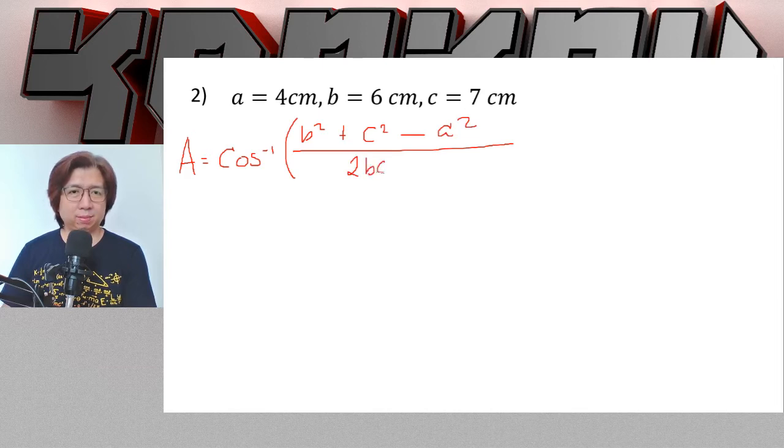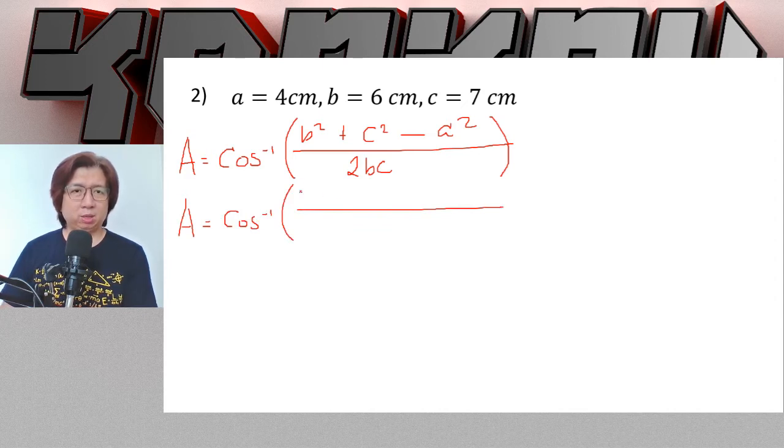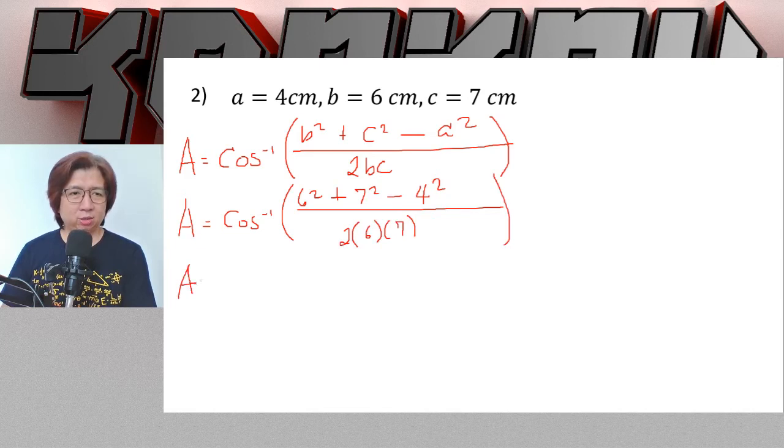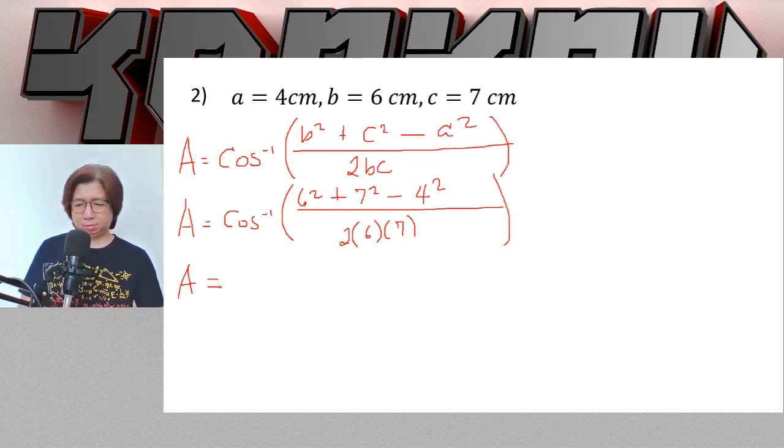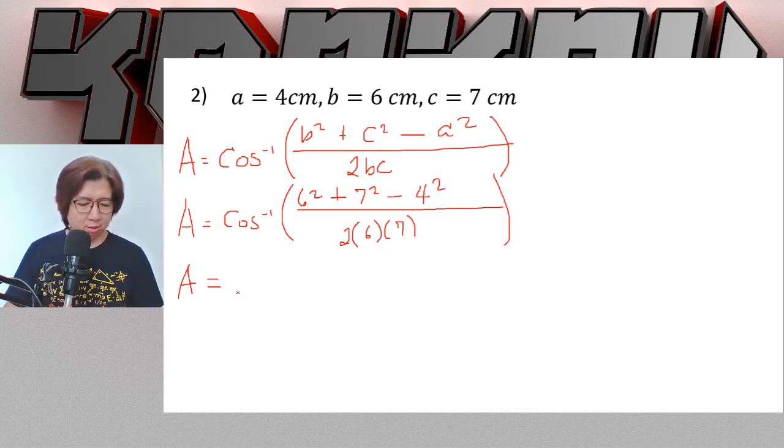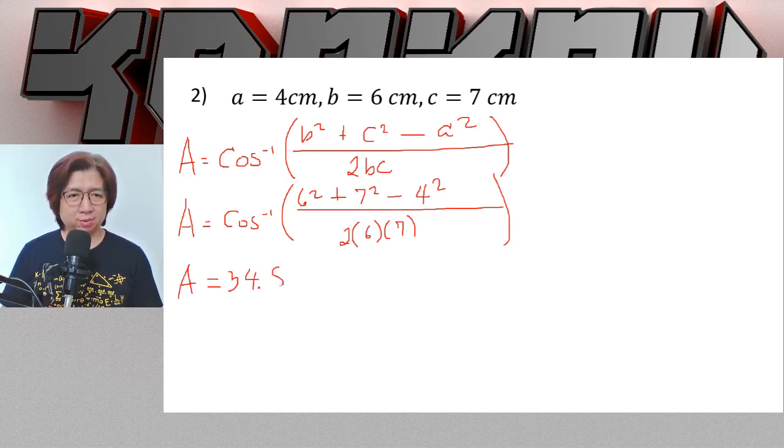So b squared is 6 squared plus c squared is 7 squared minus a squared, which is 4 squared, over 2 times 6 times 7. Using your scientific calculator, the measure of angle A is 34.8 degrees.